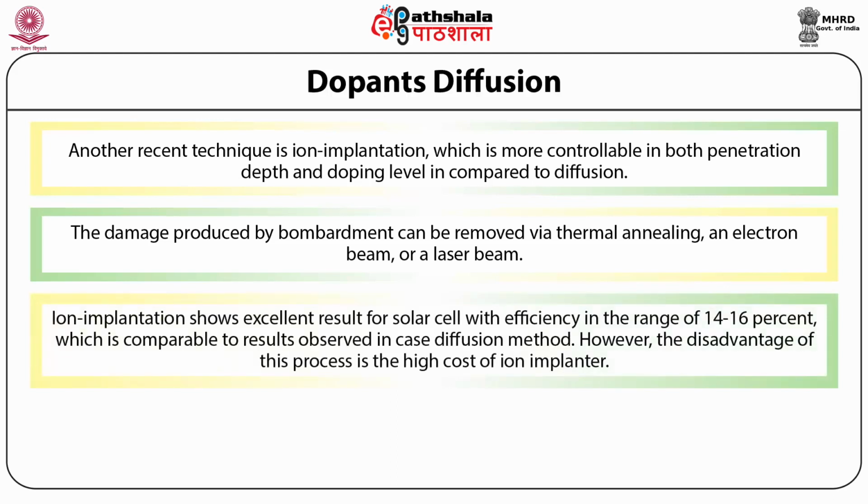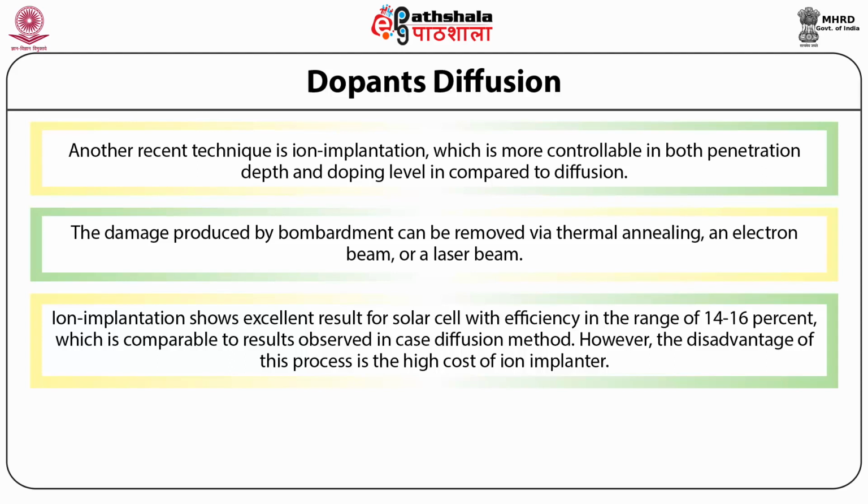Ion implantation shows excellent results for solar cell with efficiency in the range of 14 to 16%, which is comparable to the results observed in case of the diffusion method.